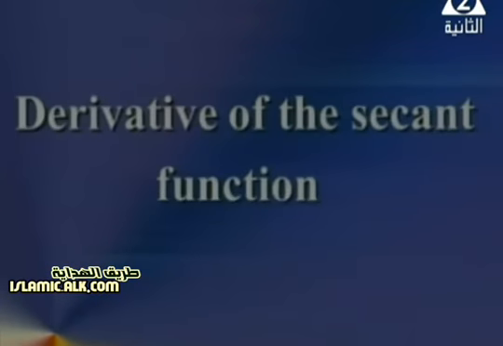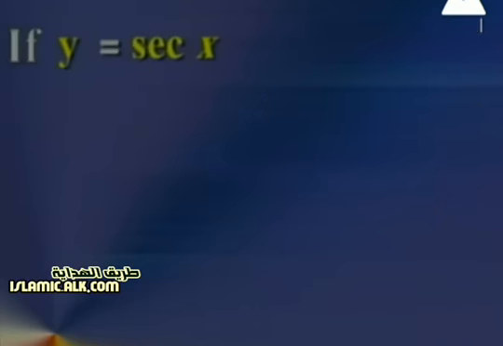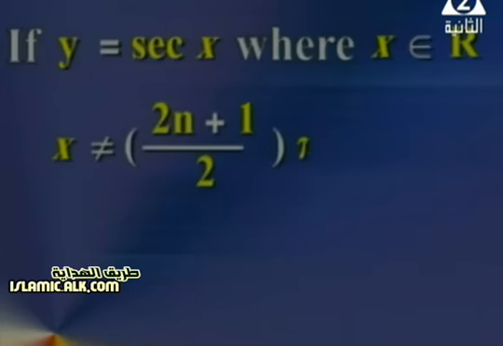Derivative of the sec function. What is sec? Sec is the multiplicative inverse of cosine. If y equals sec x, where x belongs to R, x not equal to (2n plus 1) pi over 2, n belongs to Z, what is the differentiation?